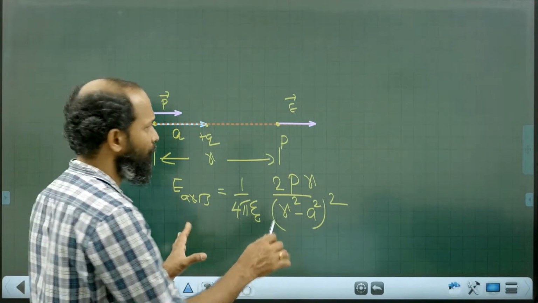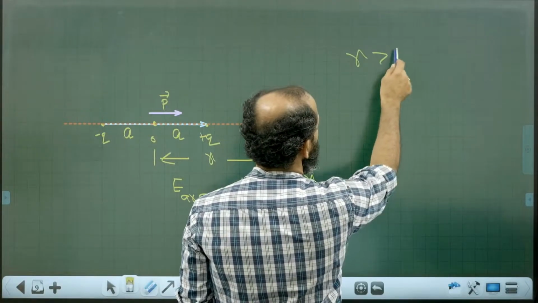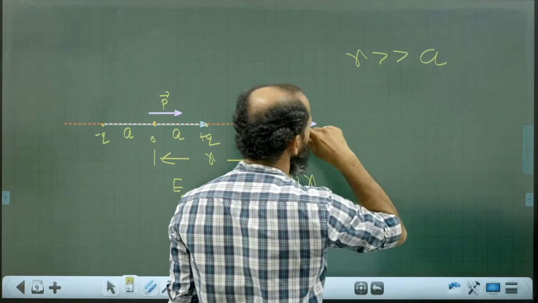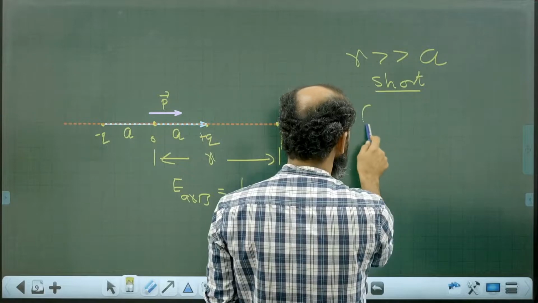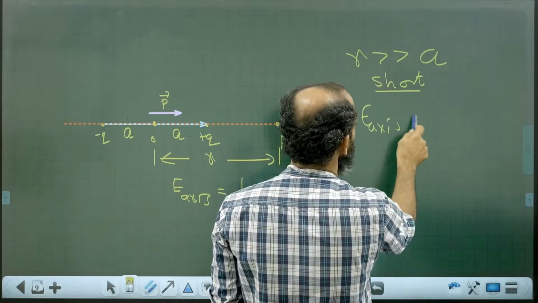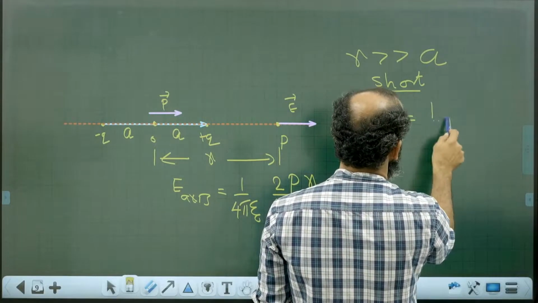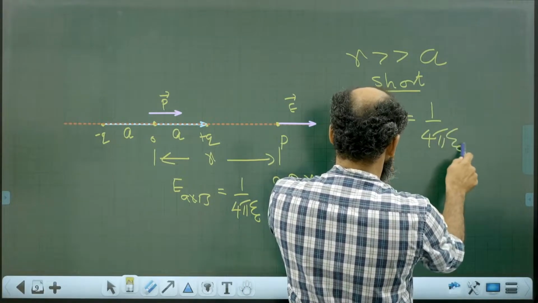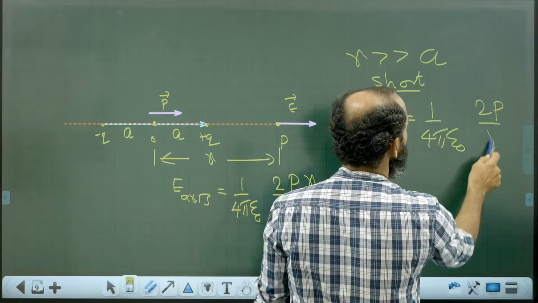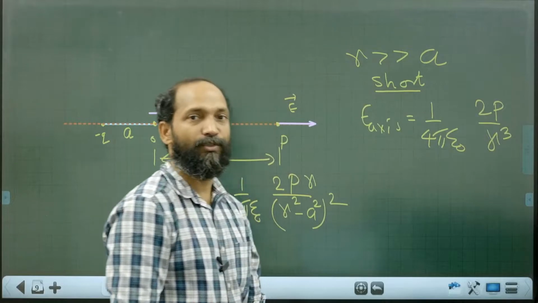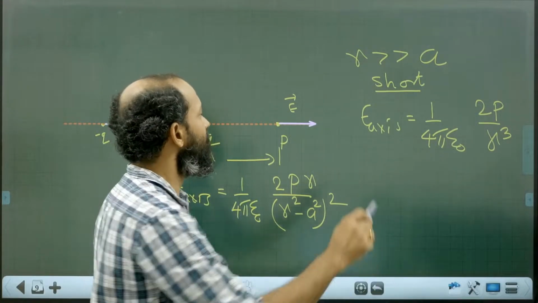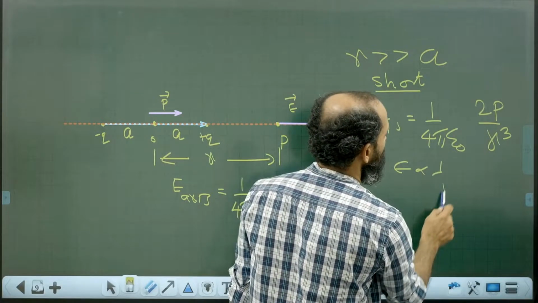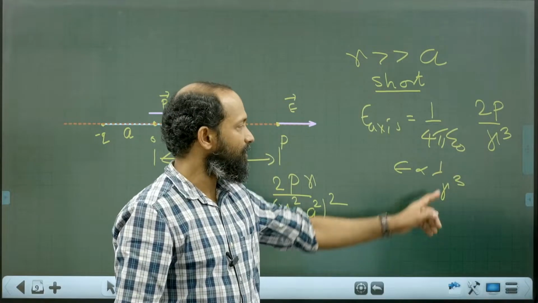The general formula for a short dipole, where r is much greater than a. Under the short dipole assumption, the field along the axis reduces to the very common formula 1 by 4 pi epsilon 0 times 2p divided by r cube. We usually teach 2kp by r cube, it's easy to remember. So field varies as 1 by r cube.